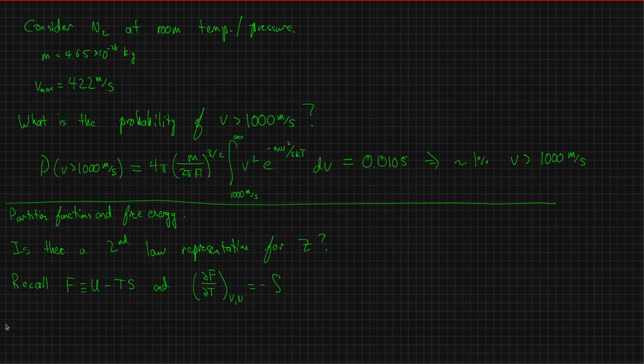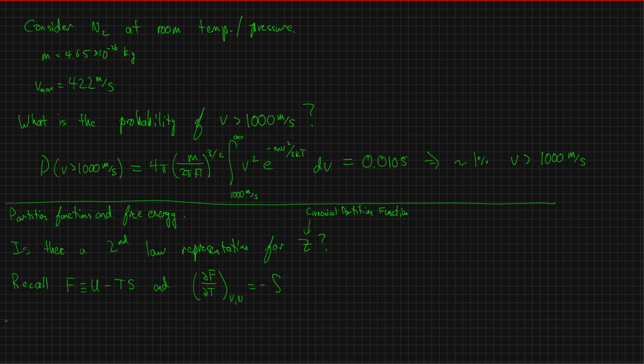And that's why this is a relevant question right now, because this Z is specifically the canonical partition function. We haven't really discussed the other partition functions, but the canonical partition function is the one where you're in contact with a reservoir of temperature T. But there are other types of partition functions as well.